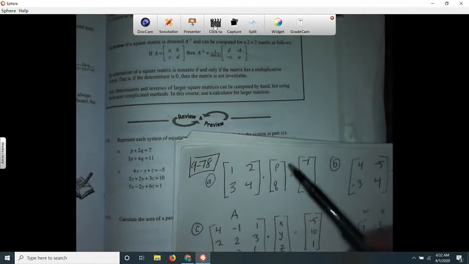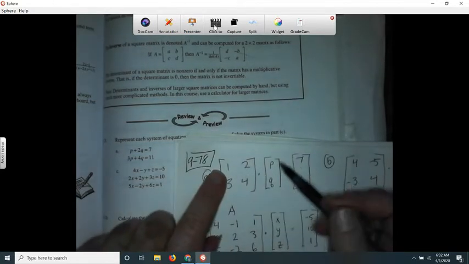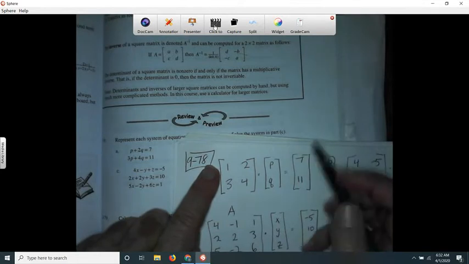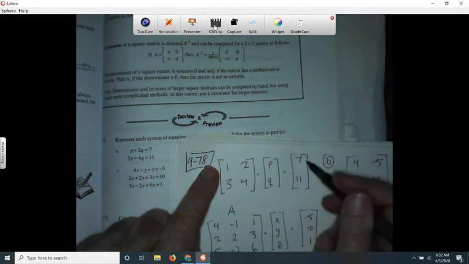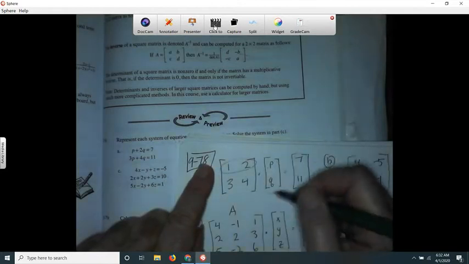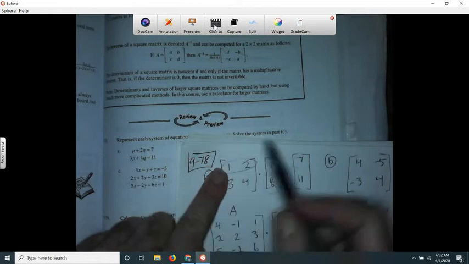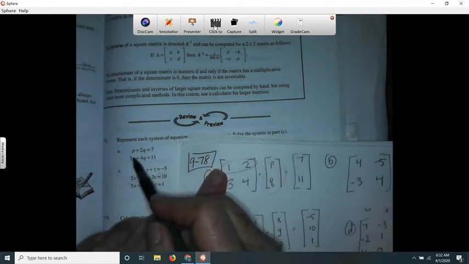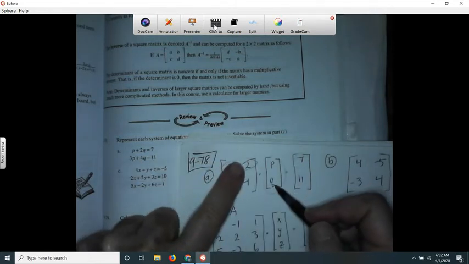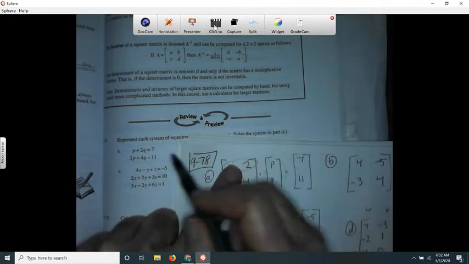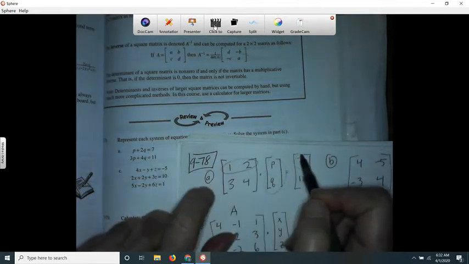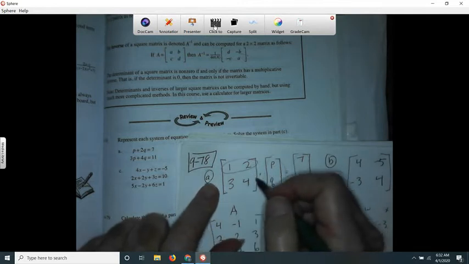So why does that work? If you remember when we multiply, this is row 1, column 1. So I multiply row 1 by column 1. 1 times P is P. And 2 times Q is 2Q, and that equals 7. I don't know if that's an aha moment for you.